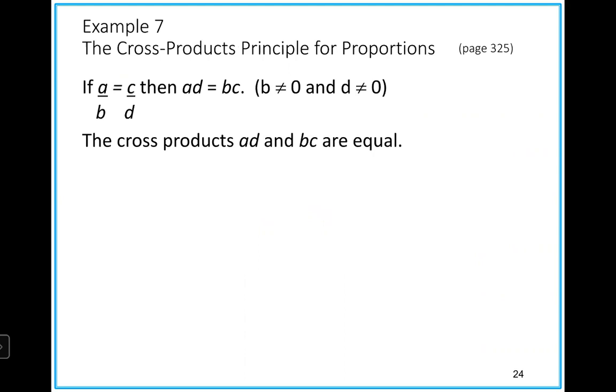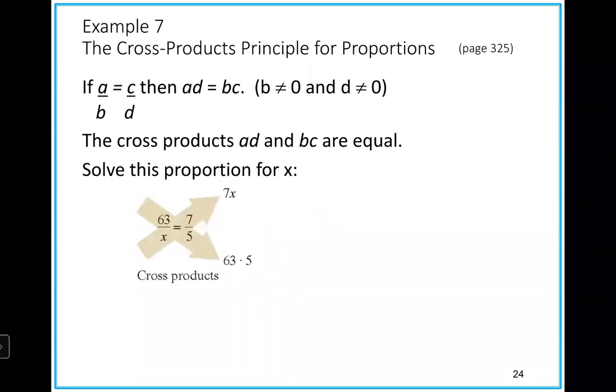And when we know that we have ratios that are equal, we can sometimes use that principle to help us to solve certain types of equations or situations. So one of the methods that we often use is referred to as the cross product approach, the cross product principle for proportions.